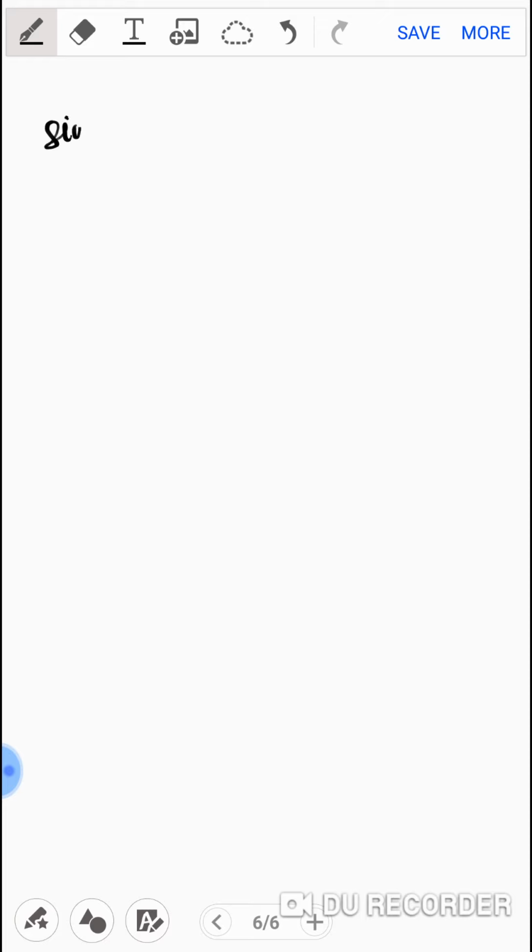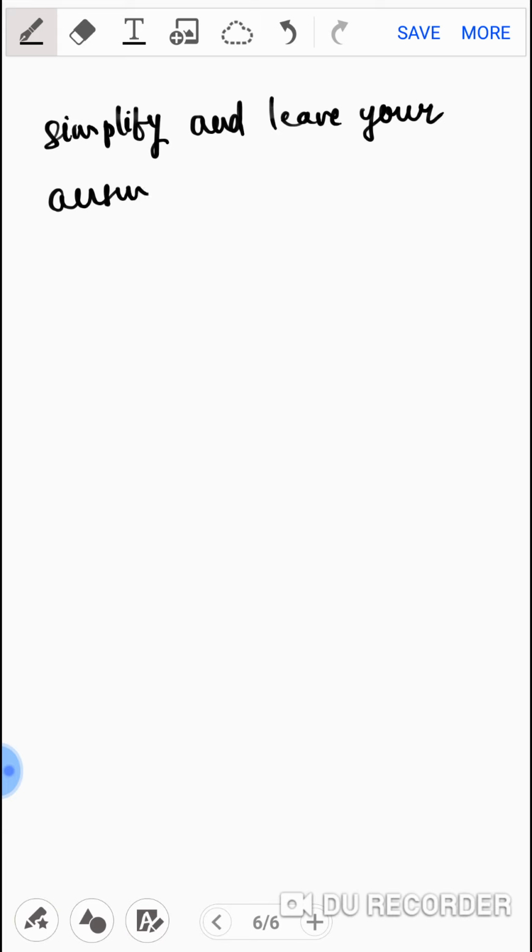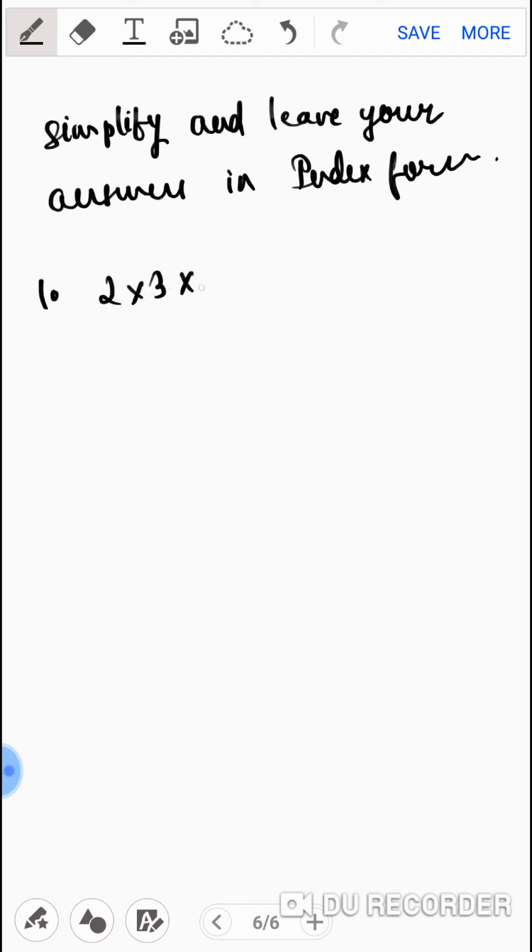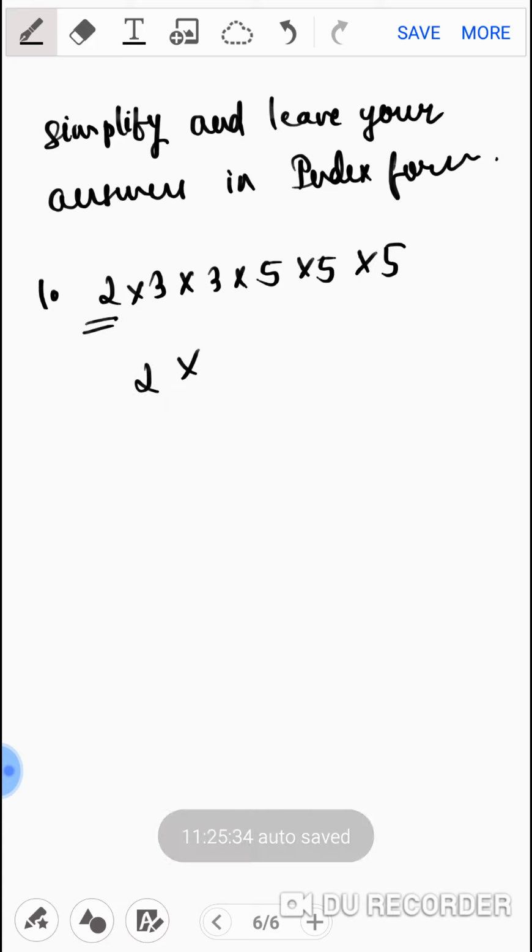Now you have to simplify and leave your answer in index form. So suppose I have, first, 2 into 3 into 3 into 5 into 5 into 5. How will I write? 2 is alone, so I'll write 2. 3 is there 2 times, so 3 raised to 2. 5 is there 3 times, so 5 raised to 3.